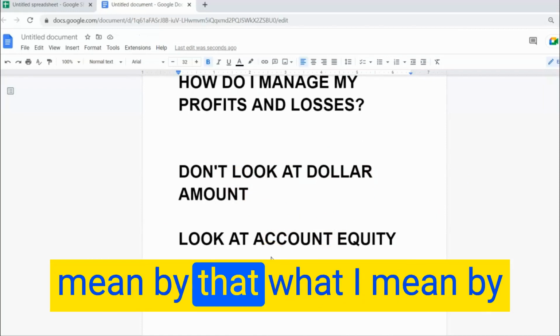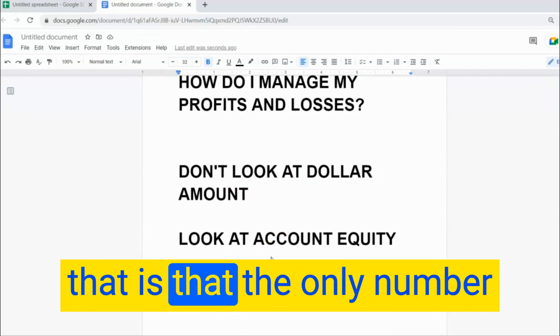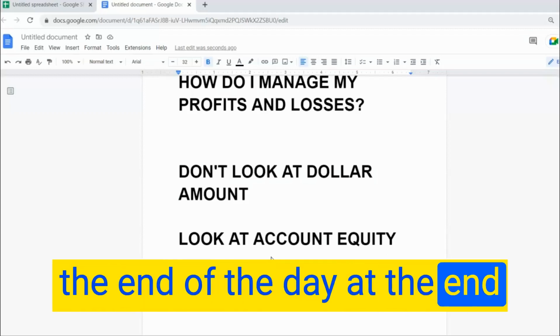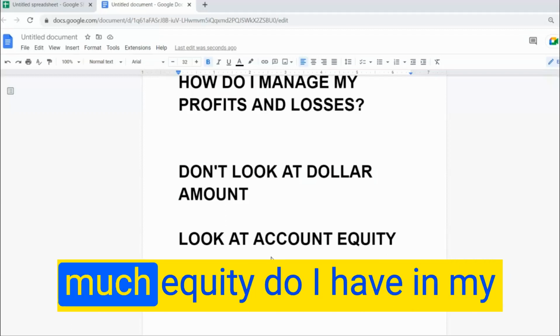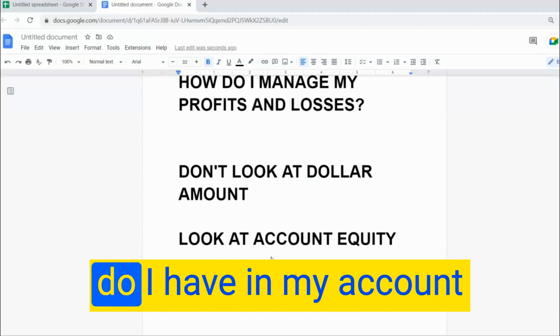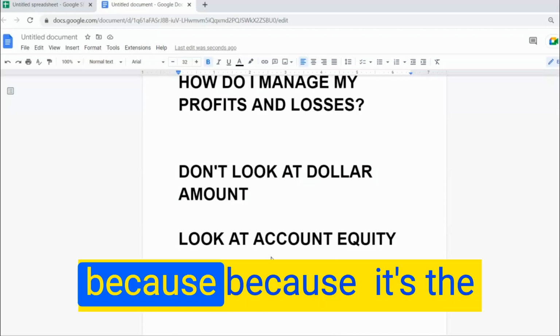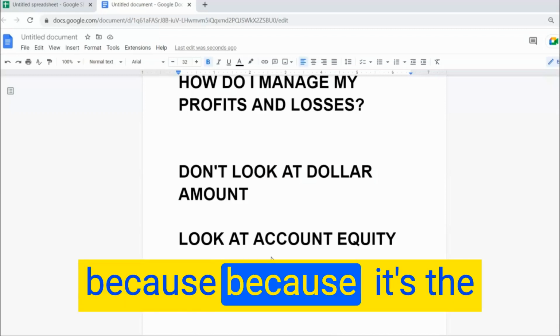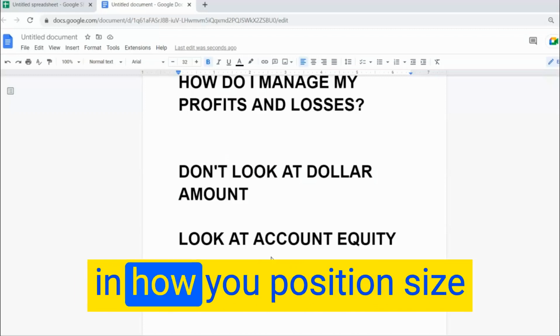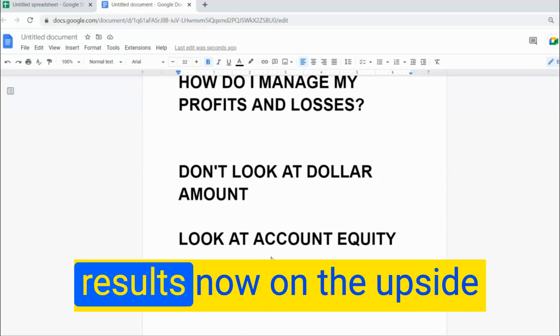What do I mean by that? The only number that should matter to you at the end of the trading day is how much equity do I have in my account? Because it's the percentage of your equity and how you position size that's going to determine your results.